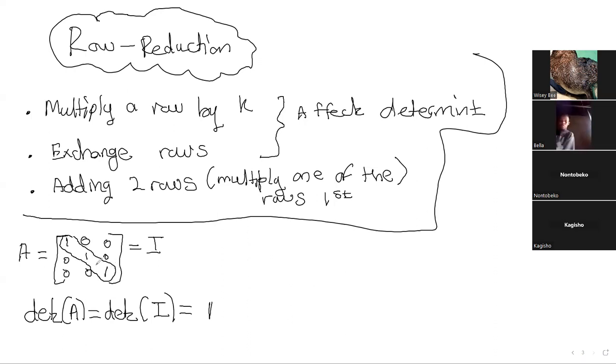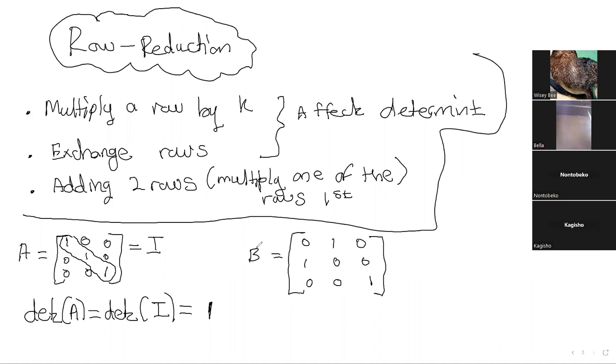Okay, now let's say I have another elementary matrix. I will show you after this what an elementary matrix is. But just imagine I swap row 1 and row 2, and I call this matrix B. That means it's going to be 0 1 0, 1 0 0, 0 0 1. So basically I swapped row 1 and row 2.